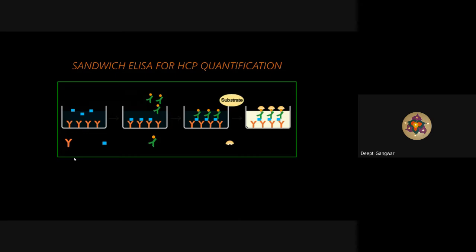Now you add another antibody, which will again detect these antigens bound onto your plate, and then you do a detection. So this is the format for sandwich ELISA for HCP quantification, wherein your antigen is in between the two antibodies, and that is why it is known as a sandwich ELISA. This format is being used for HCP quantification.